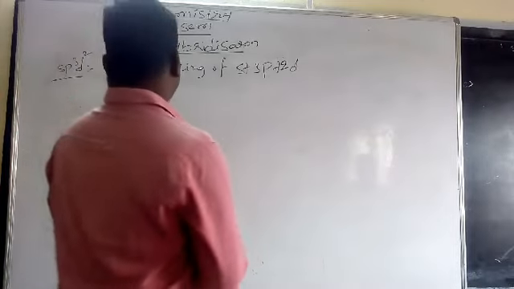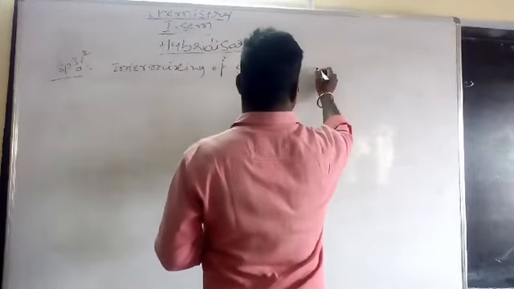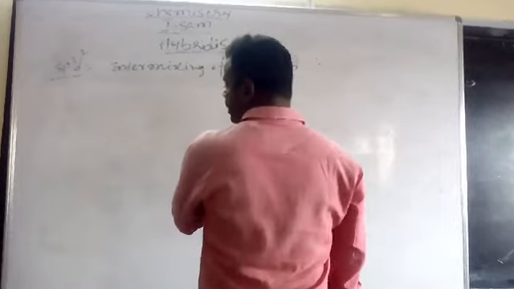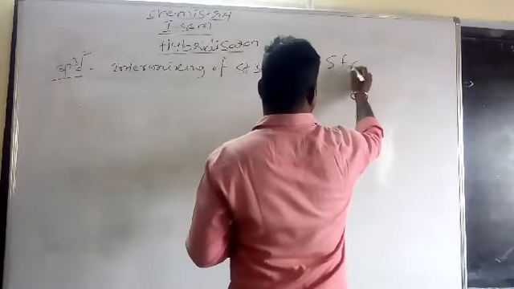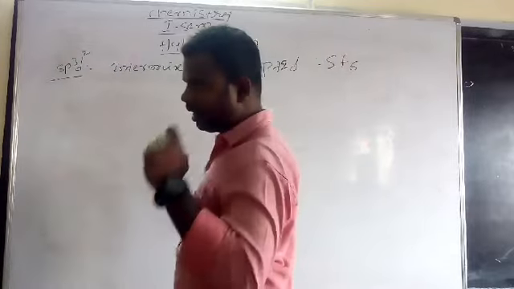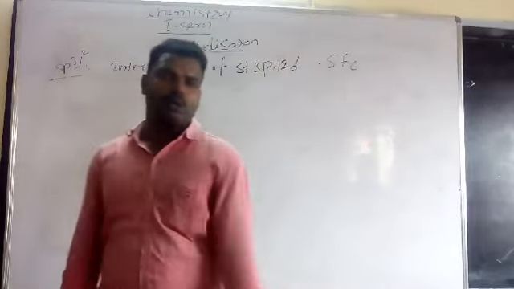For sp3d2 hybridization, the example is SF6. SF6 means sulfur hexafluoride. The number of fluorines in the molecule is 6.